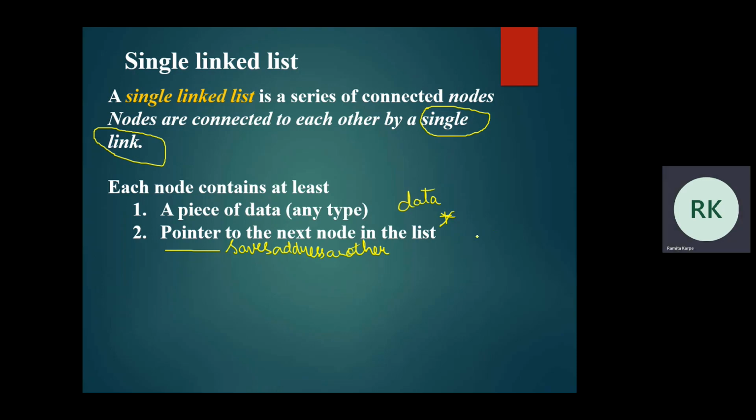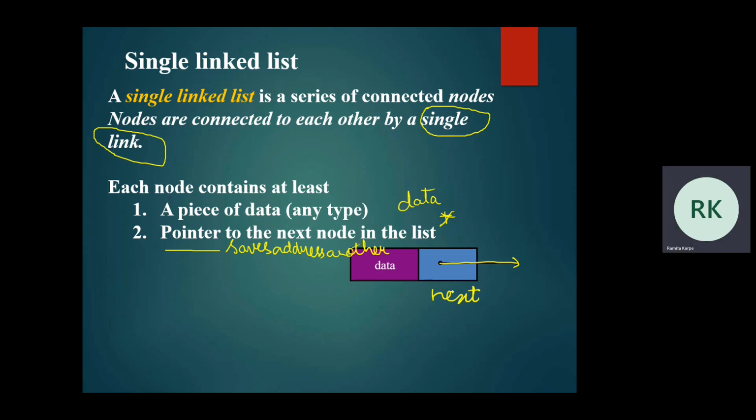Now, I will show you the structure of a node. So this is the node. The first part is data, and this is a pointer that points to the next node. In the codes which we will be discussing shortly, I'm going to use these two terms, data and next.